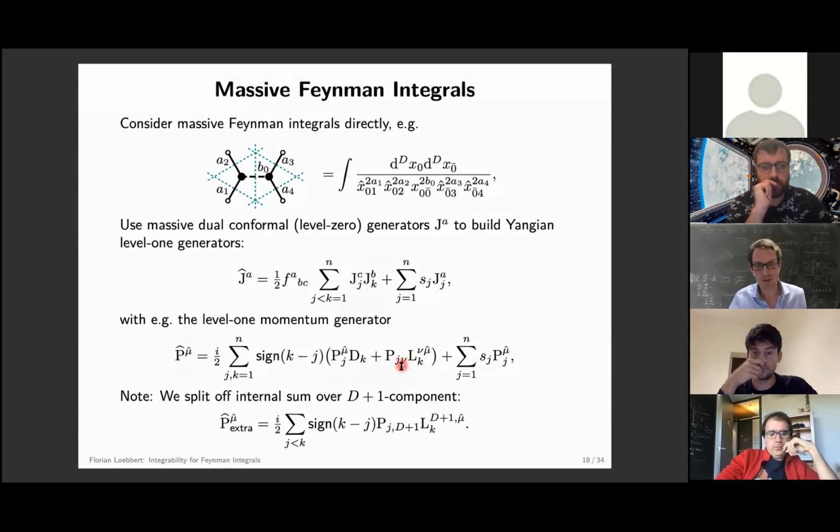But I want to introduce this sum over the 5th dimension, if d is 4, it would be 5. Here it's the d+1st dimension as an extra generator. And you will see why this is useful, because it gives you an additional symmetry. We can just treat it as a separate generator.